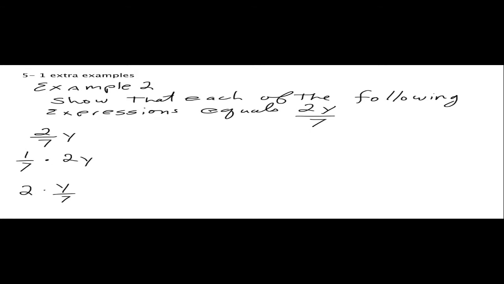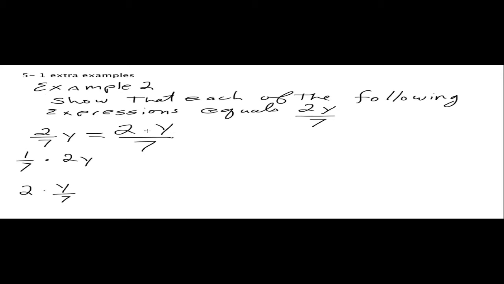Example 2, show that each of the following expressions equals 2y over 7. So we've got 3 different expressions. We want to simplify these. So 2 over 7y is, again, using the multiplying fractions property, 2 times y over 7.